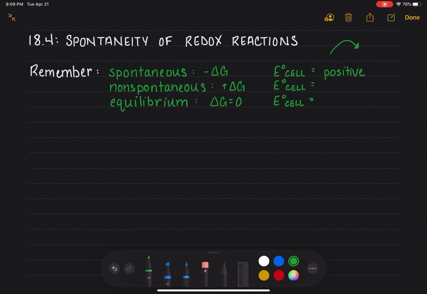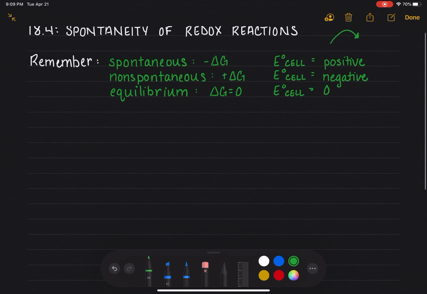When the cell is left to do what it wants to do, move the electrons in the spontaneous direction, the value of E cell is always going to be positive. And so you can imagine that if the electrons are going in the wrong direction, the value of E cell would be a negative number. And also, if we had a redox reaction that was in equilibrium, we would just end up with an E cell of 0. So very similar and logical signs for these different reactions.